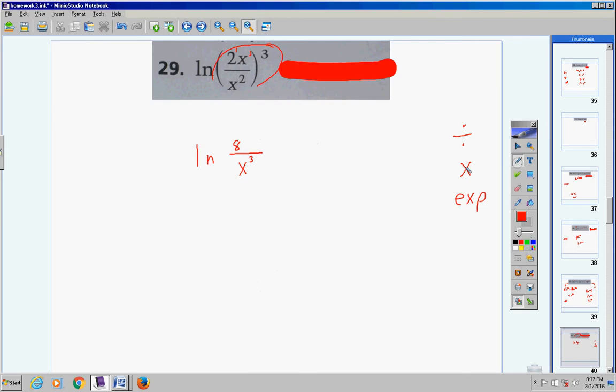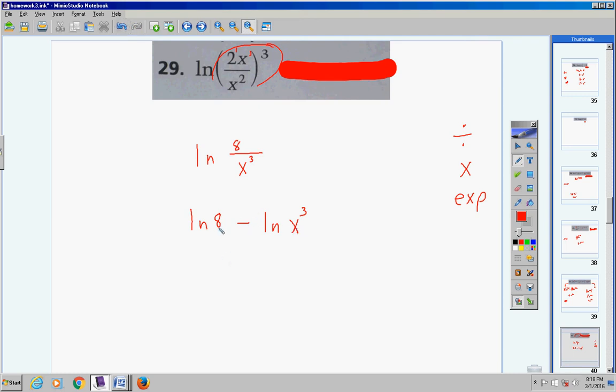Well, definitely right here. And we're dividing two things. We're dividing an 8 and an x cubed. So if we're dividing two things, then how many logarithms do we write? 2. And the top of the fraction goes with the first logarithm. The bottom of the fraction goes with the second logarithm. Do I put a plus sign here or a minus sign? Well, the argument was dividing, so it's a minus sign. Now, look at this argument.